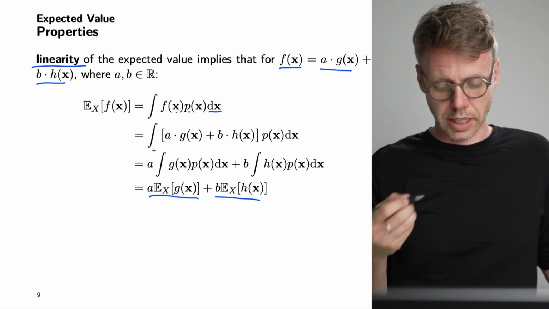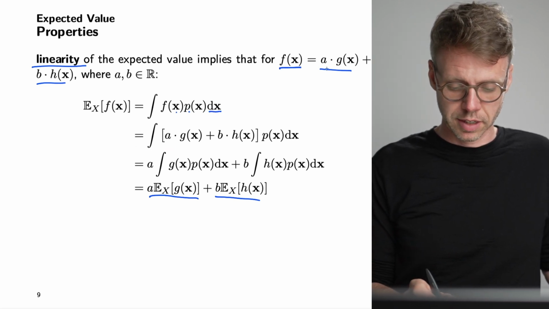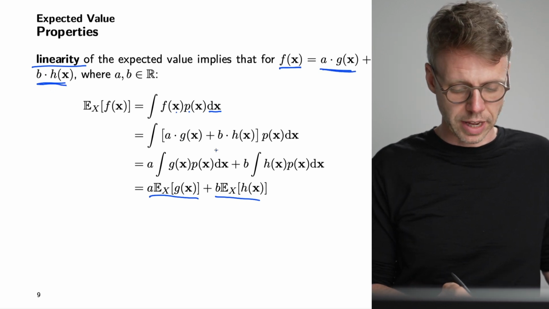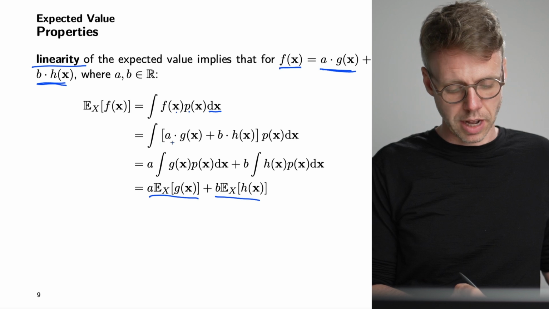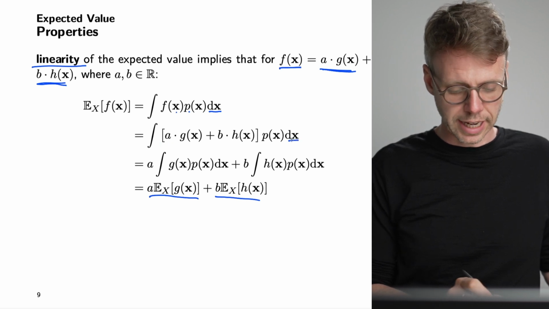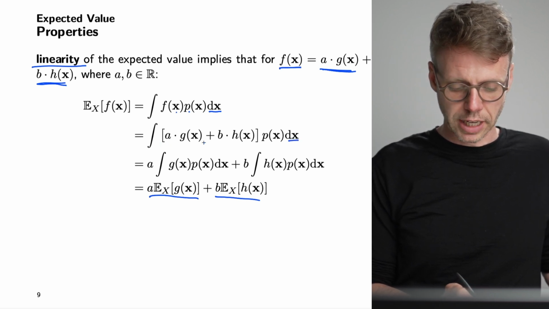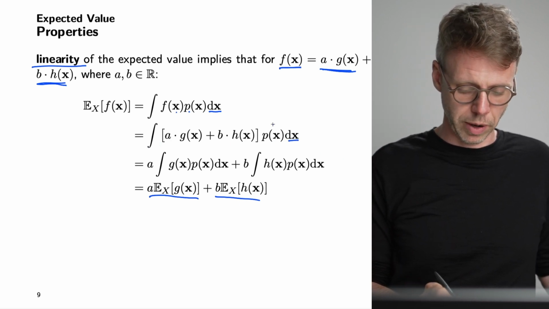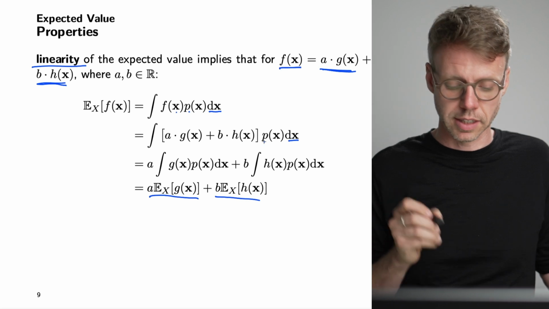This is equal to, if we plug in a times g(x) plus b times h(x), the integral over x of a times g(x) plus b times h(x), weighted by the density of x still.